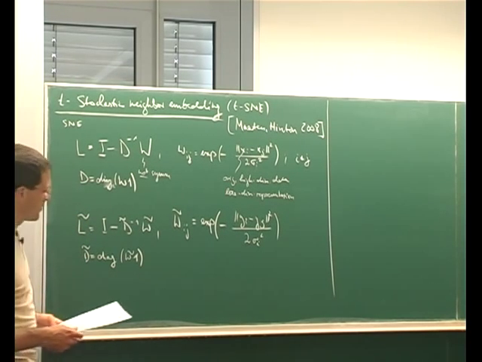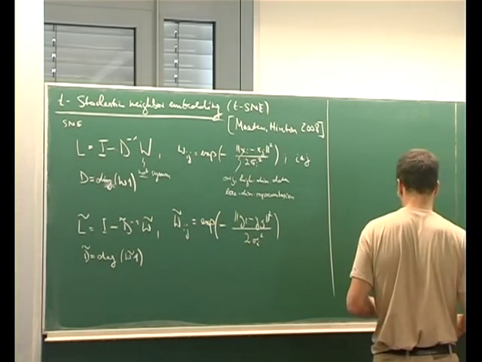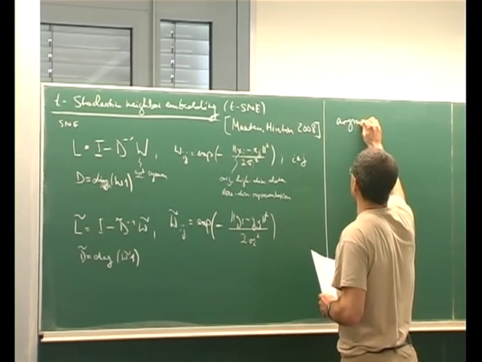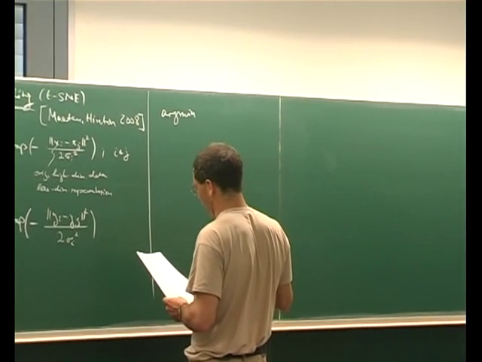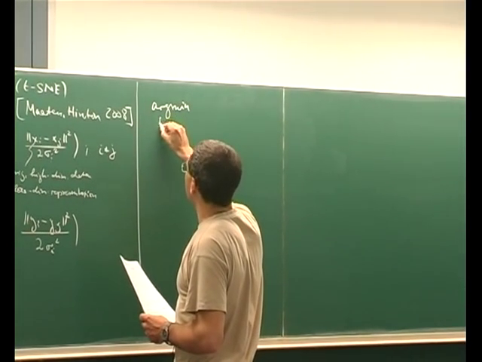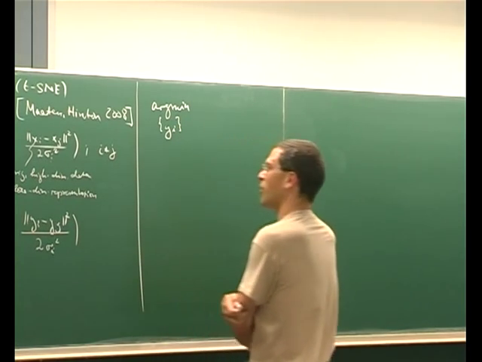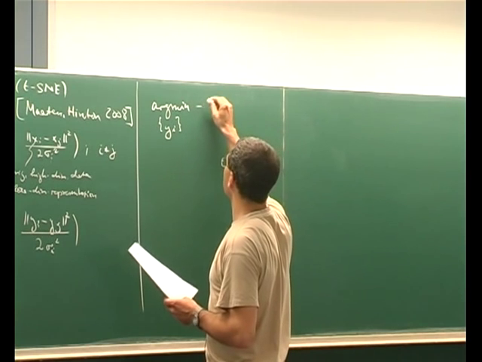And the canonical distance measure between probability distributions is the Kullback-Leibler distance. So the authors propose to minimize, over all the coordinates in the low-dimensional space, the following expression.